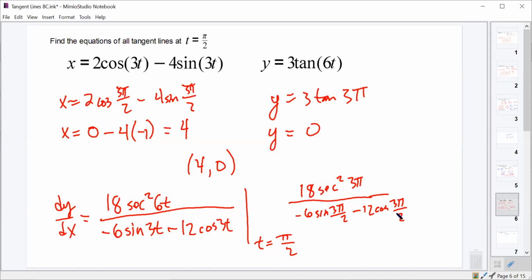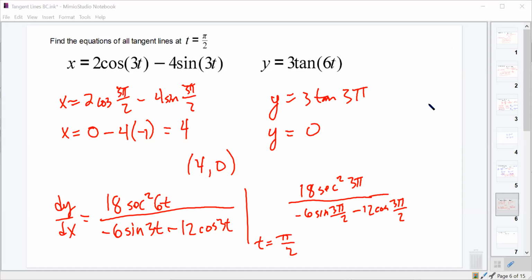And what is the secant of 3 pi? Yep, we got -1 there, right? That's the same as the secant of pi, right? And cosine of pi is -1, so secant of pi is -1.